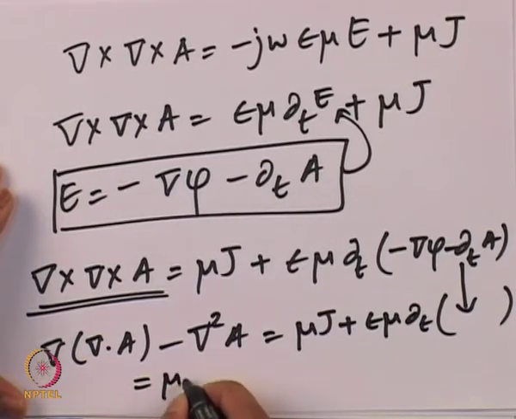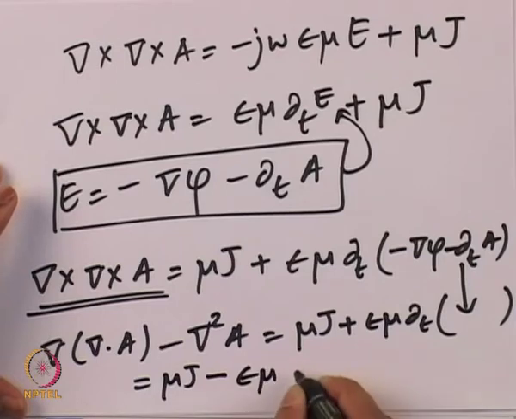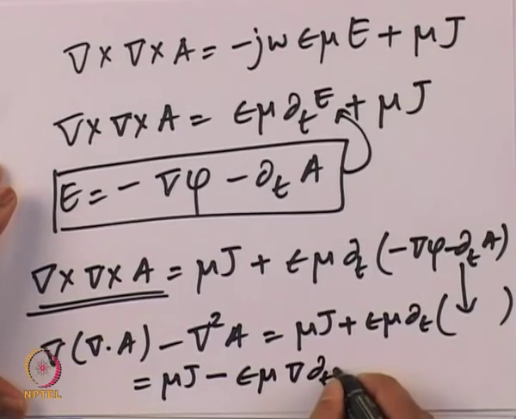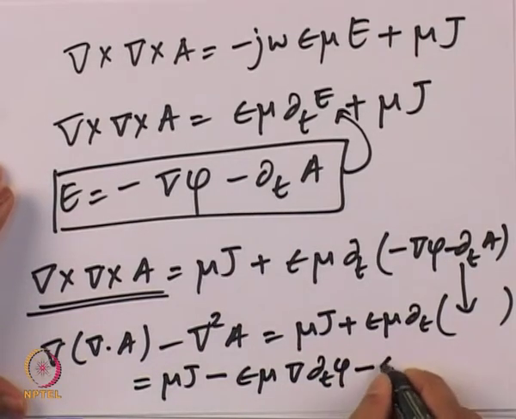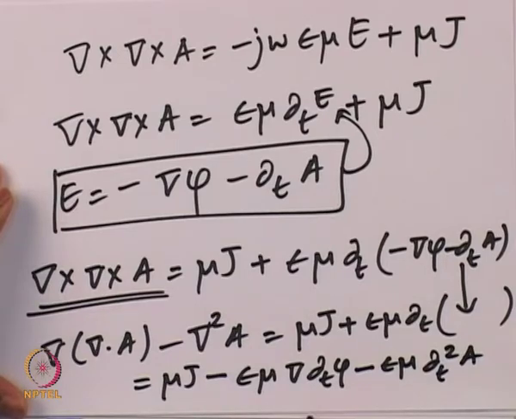What I will get is mu j minus epsilon mu, the gradient of the time derivative of phi, minus epsilon mu dt square of A.